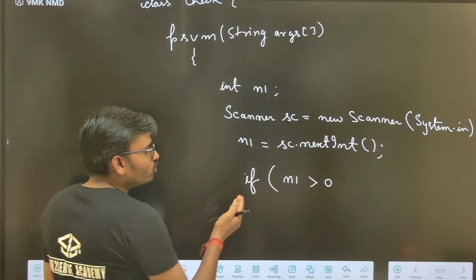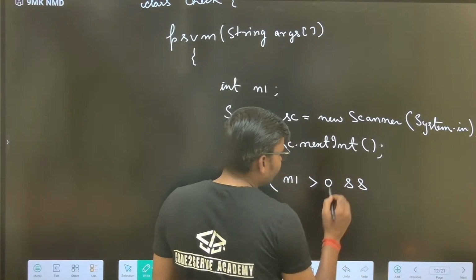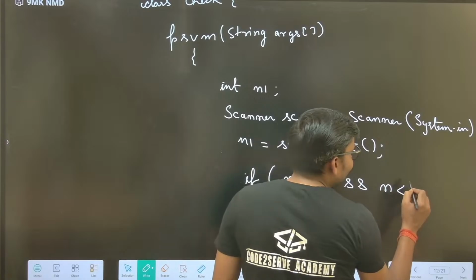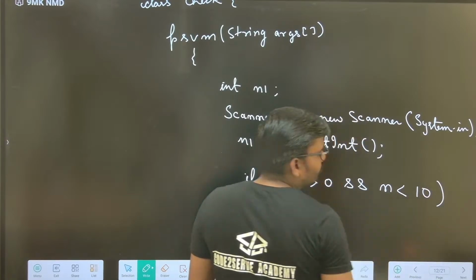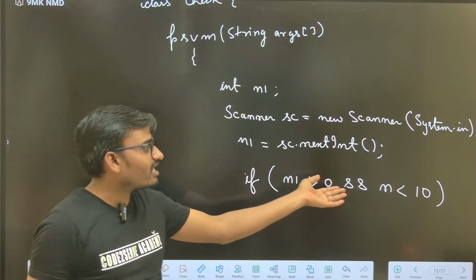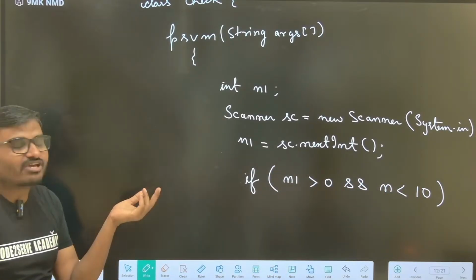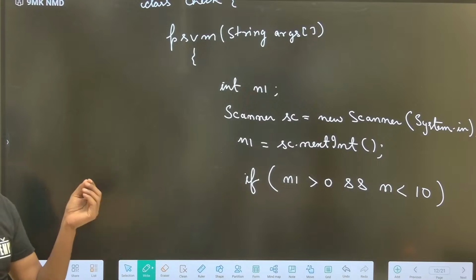Okay, so if n1 is greater than 0 and n1 is less than 10. So if it is greater than 0 and if it is less than 10, that means whatever number we have entered is a single digit number.